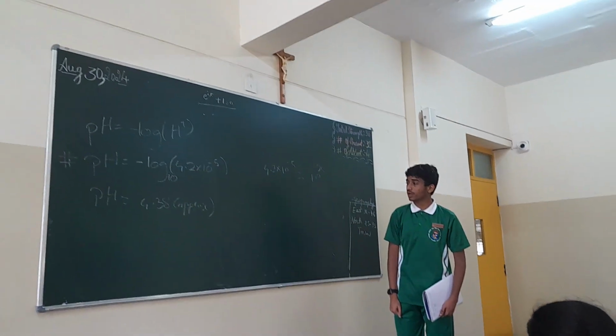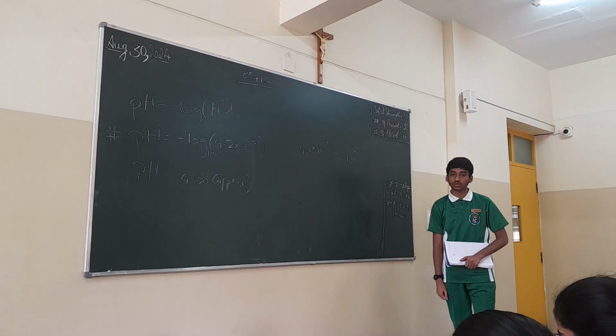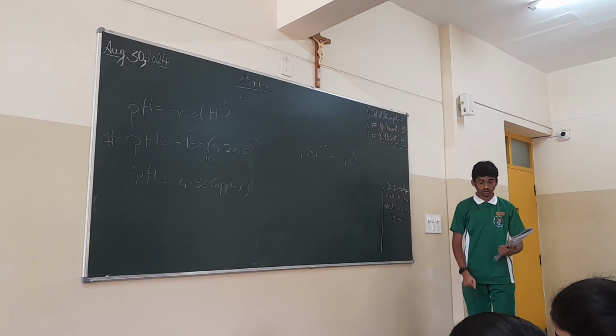We go through a lot of multiplication and division, so I have directly given the answer. It's just an application based question, so I'm not going to go deep into it.